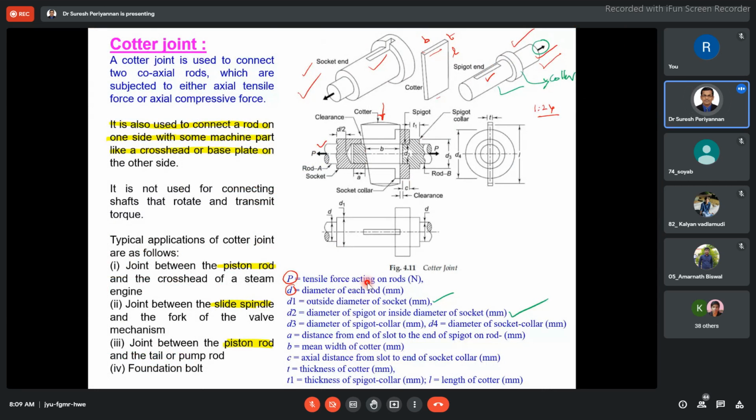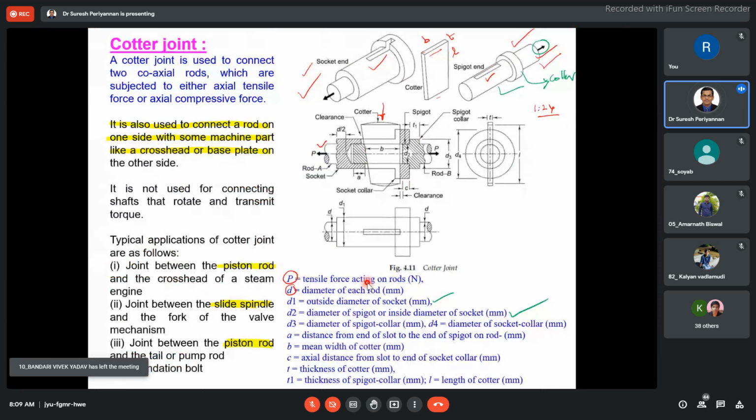Now, the cotter is designed in the form of a wedge shape. Why do we use a wedge shape? Because the cotter joint principle is based on wedge action.